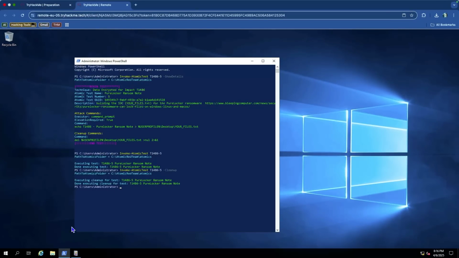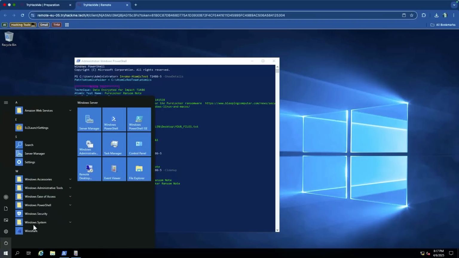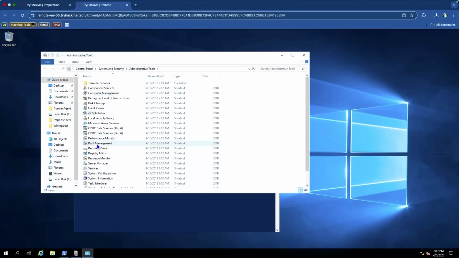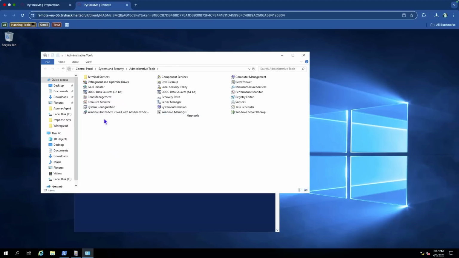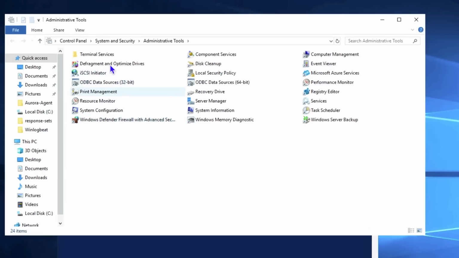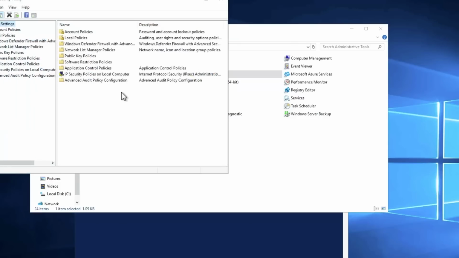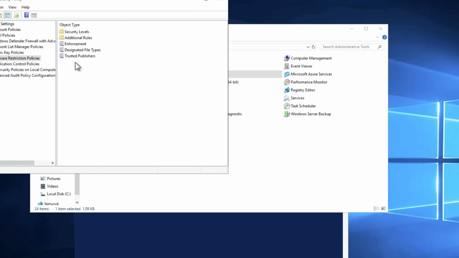Now we can go to the question at hand here. It says under software restriction policies, and that would be under the Windows administrative stuff. There's also a shortcut right here. So Windows administrative tools, we're going to click on that. It'll open it up, and we're looking for software restriction policies. What's the default policy? So local security policy is what we're going to go into, I would presume. There it is. We open up local security, and then we have software restriction.